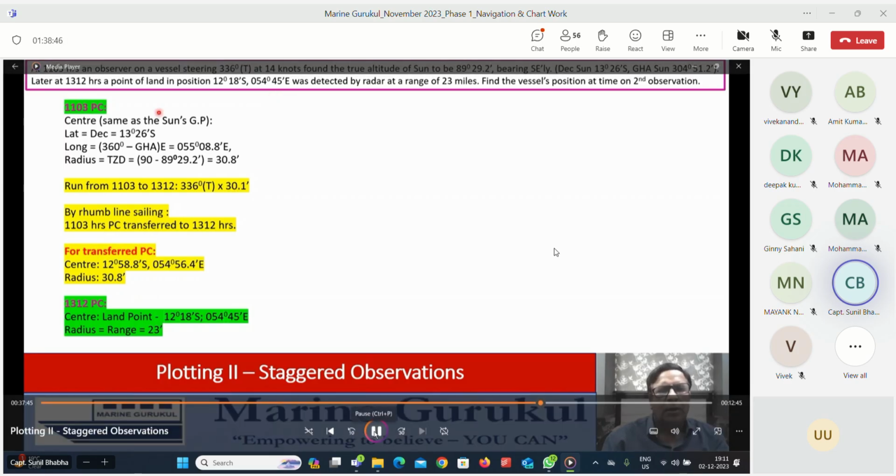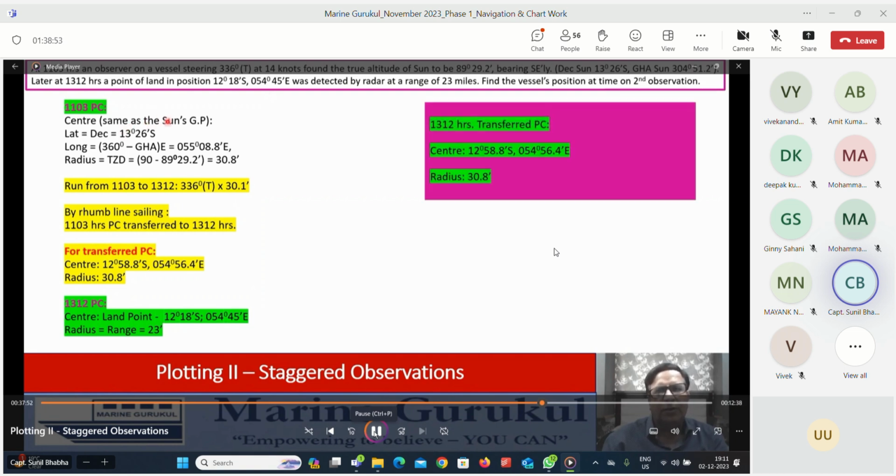Now, having transferred the center of the first PC, now we can draw two position circles for the same time. One position circle shall be the transferred position circle. The first position circle transferred to 1312 with the center in 12 degrees 58.8 minutes south, 054 degrees 56.4 minutes east, and radius of 30.8 minutes or miles.